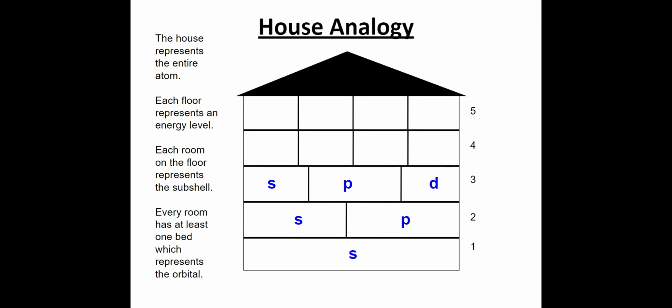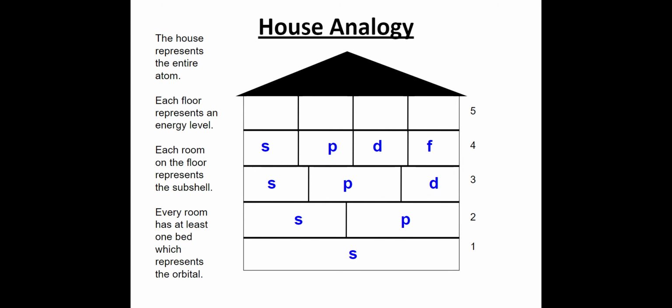So the 3d subshell can hold a maximum of 10 electrons. On the fourth floor, we have all 4 types of subshells, S and P and D and F. The F subshell has 7 beds, and therefore it can hold 14 electrons in the 4f subshell.